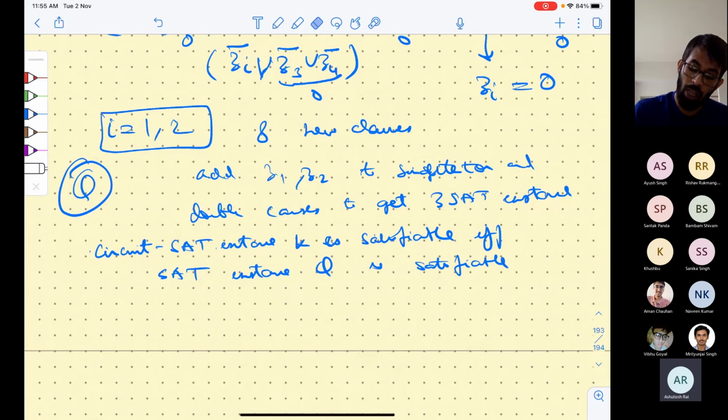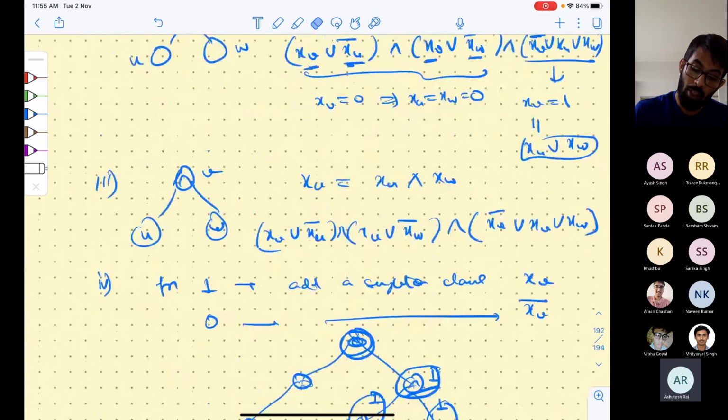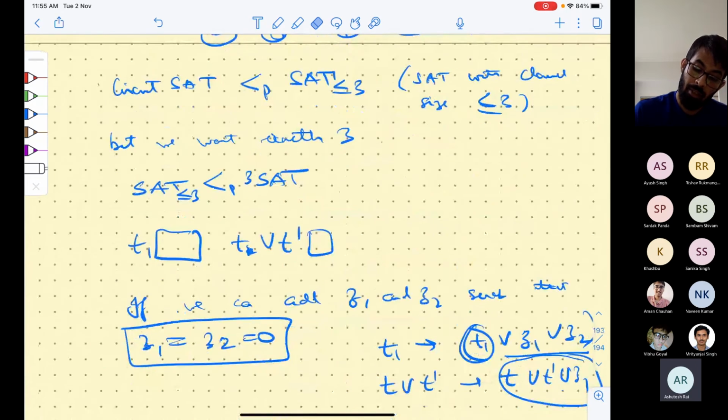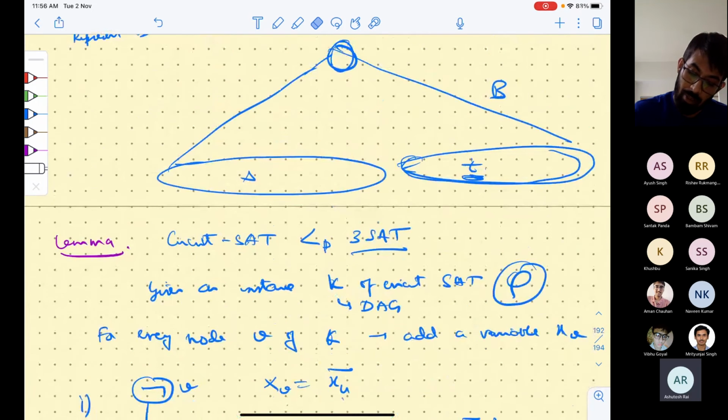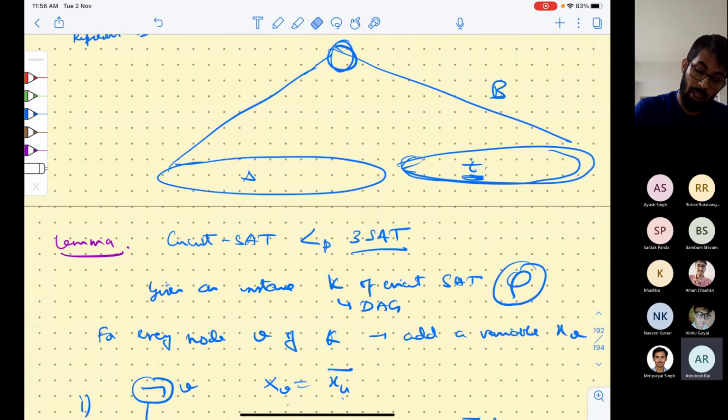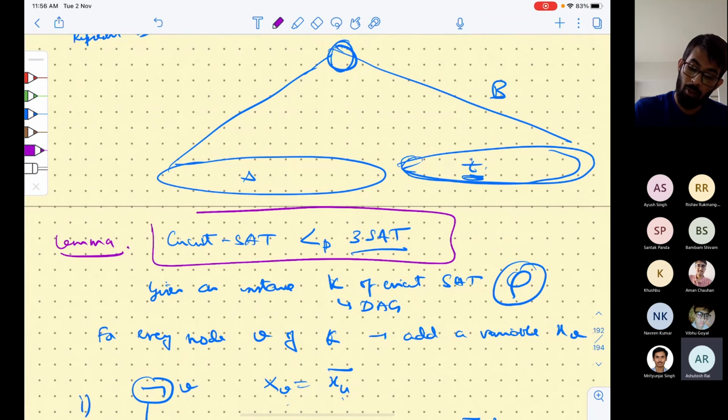So that means we have shown the lemma. What does the lemma say? Lemma says that circuit SAT reduces to 3 SAT, right? Where did we write the lemma? Yeah, okay, here. Circuit SAT reduces to 3 SAT, right? So we have shown this now.